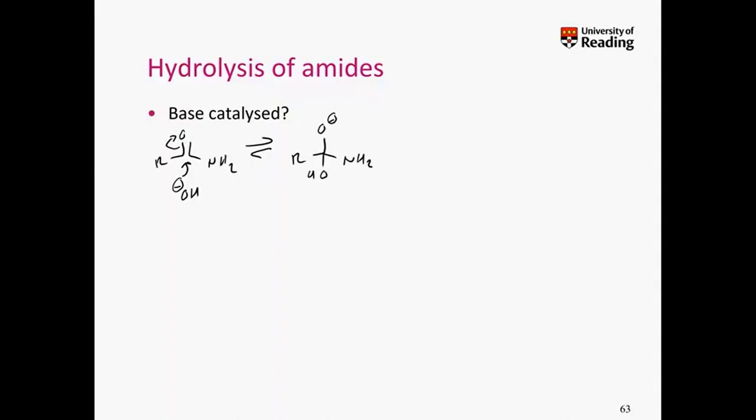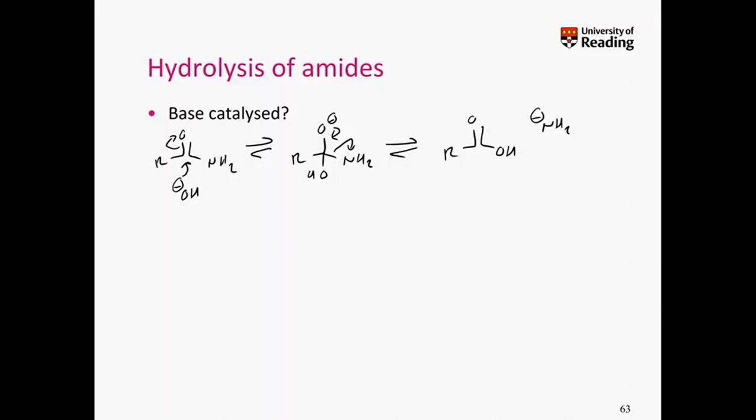We have our tetrahedral species again. We don't have any protons, so we can't do proton transfer. If we lose the OH, the leaving group, we just go back to where we start. If we lose the NH2, then we reform our carbonyl carbon, and we reform our carboxylic acid. We have this NH2- as our leaving group in solution.